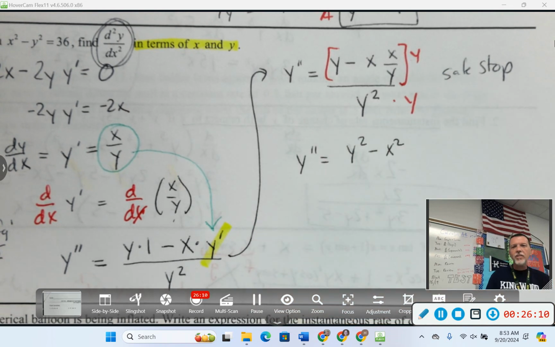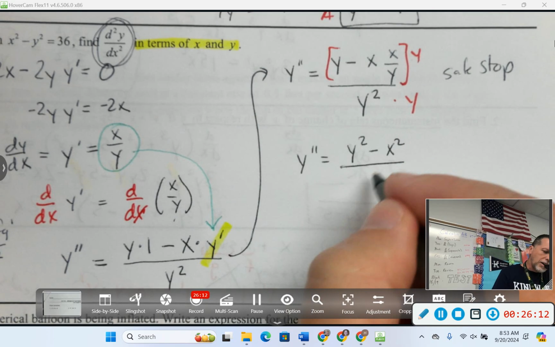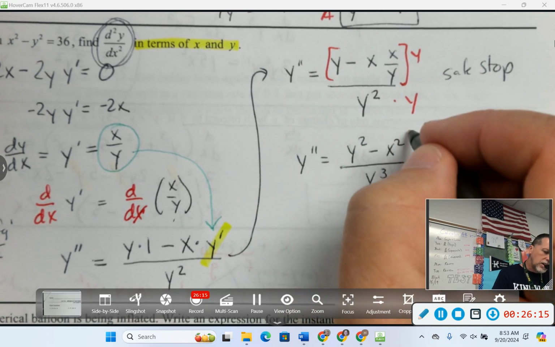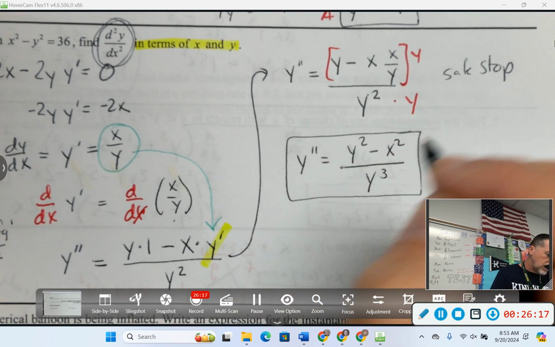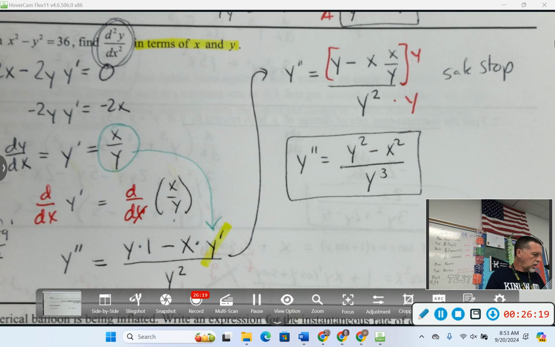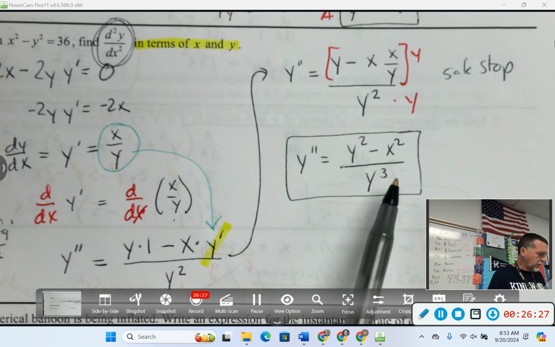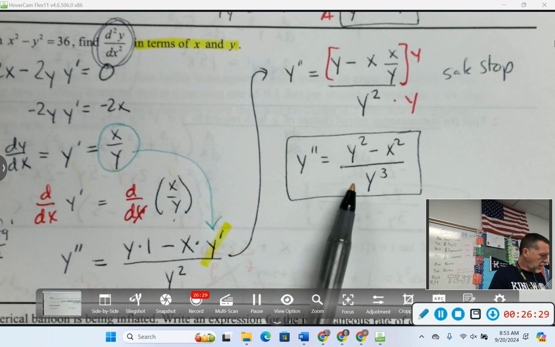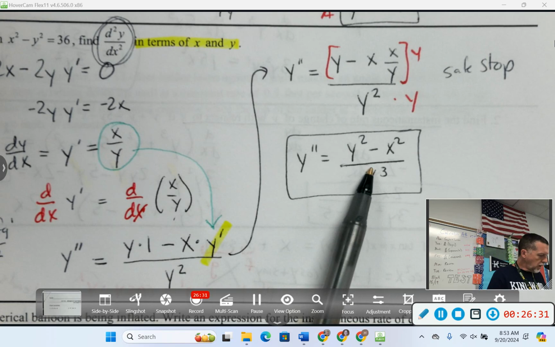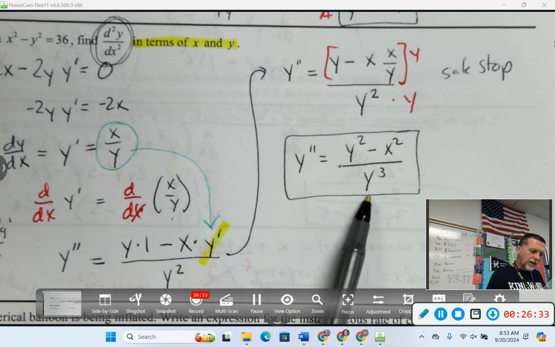Because the y is canceled. That's why we did this. And in the bottom is y cubed. It was a long problem, so I'm going to check my answer to make sure it looks good. Y squared minus x squared over y cubed.